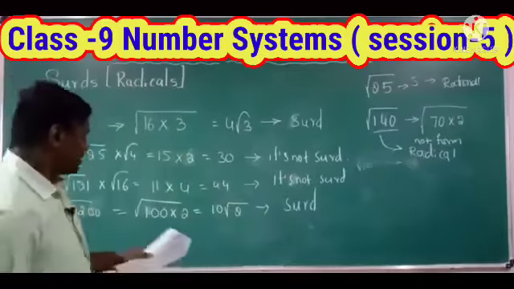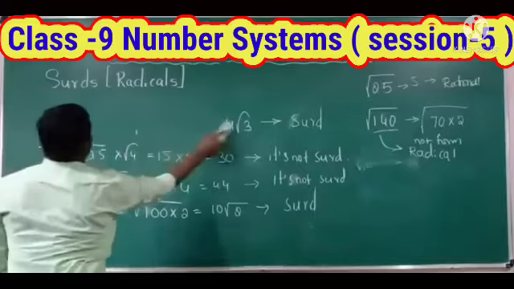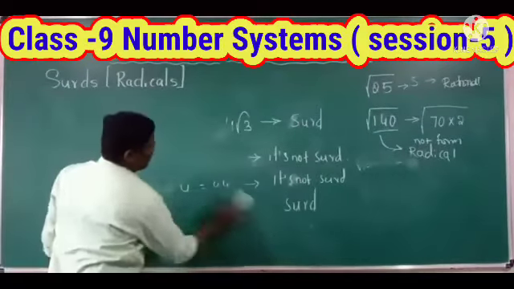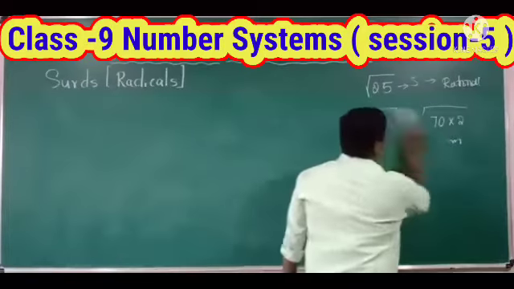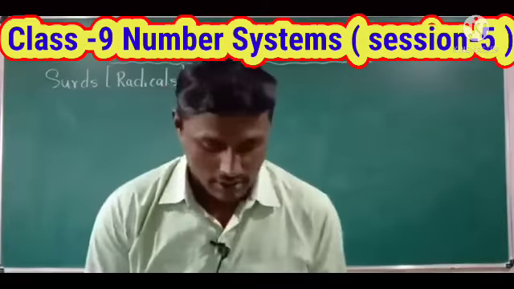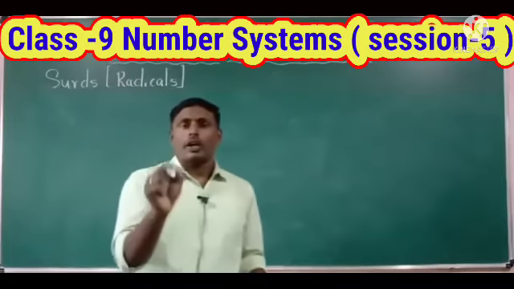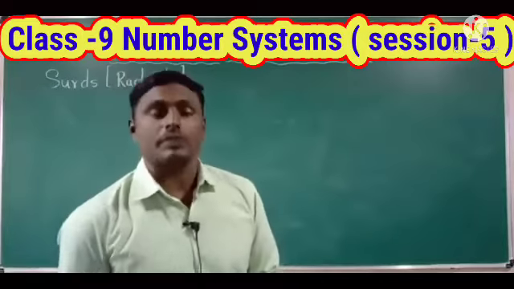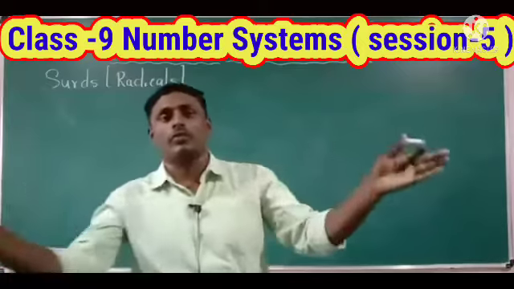The next type of questions is rationalizing of order 2. For your syllabus, you need to rationalize the surds of order 2. So what does rationalizing mean? It is the product of two irrational numbers.